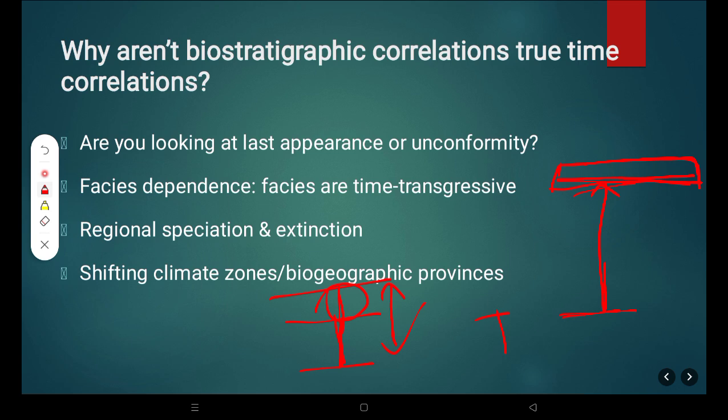In that case, climate is the driving phenomenon driving the biostratigraphy. This is not the natural appearance or disappearance of the fossil. This is driven by the climate.